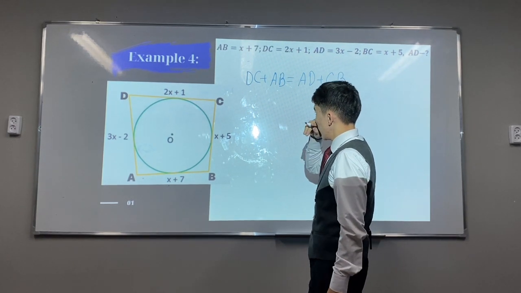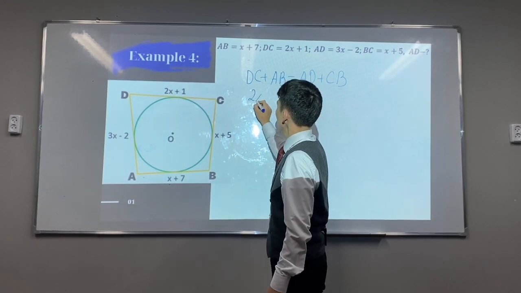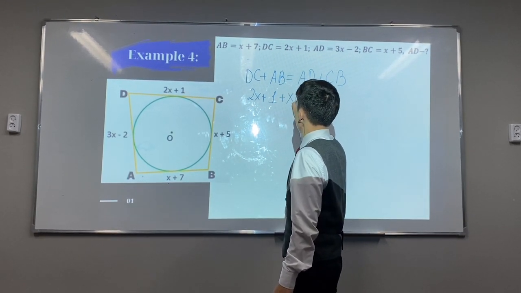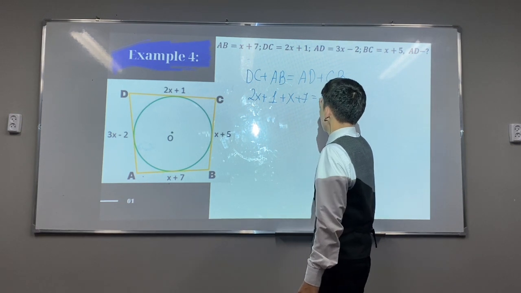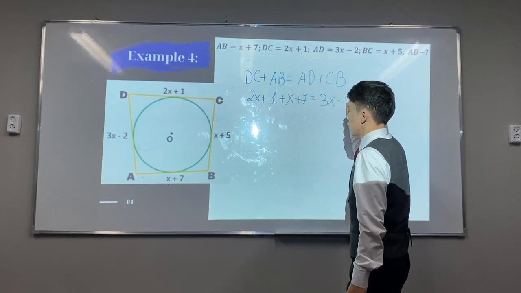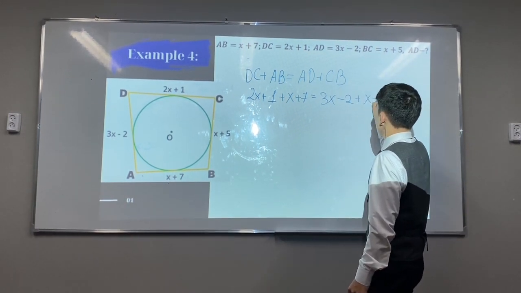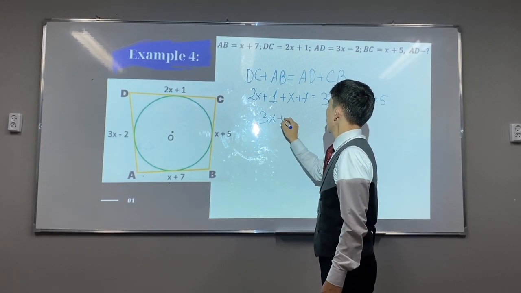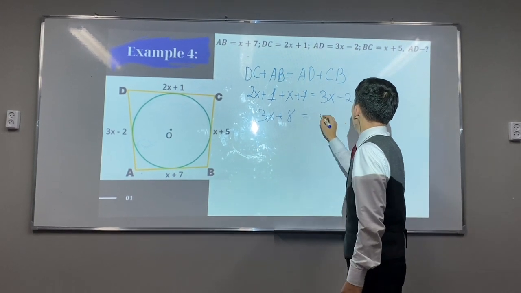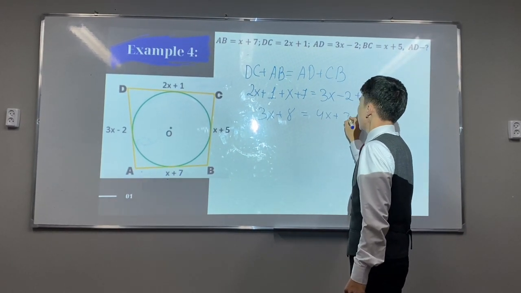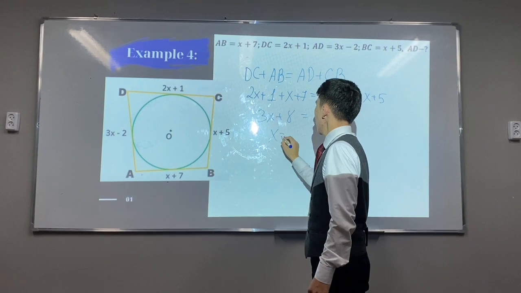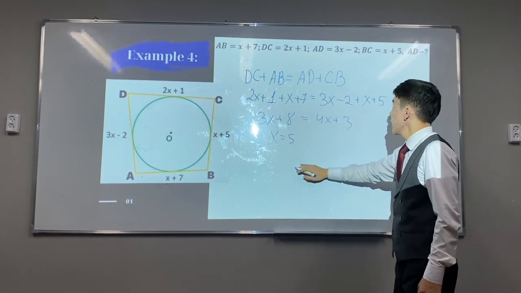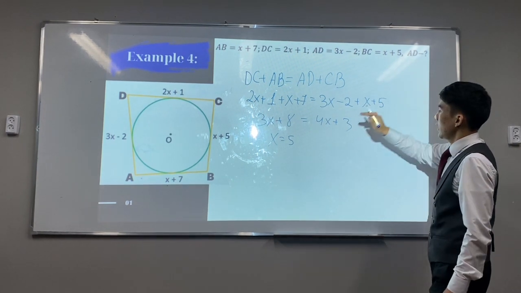Then 2x plus 1 plus x plus 7 equals 3x minus 2 plus x plus 5. Then 3x plus 8 equals 4x plus 3, so x equals 5.